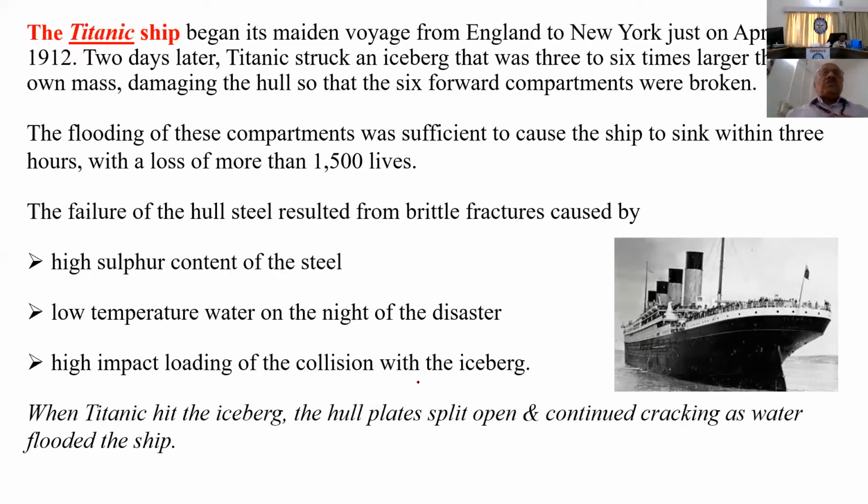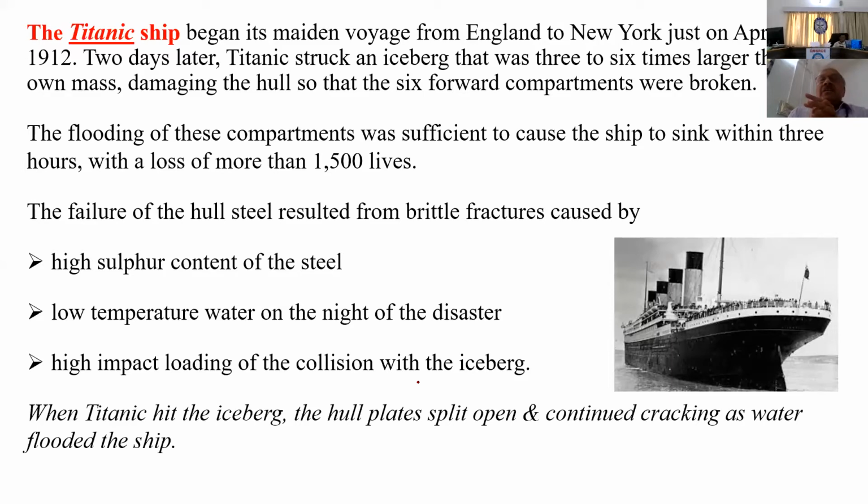A lot of failure analysis has happened on this, and of course one can read all the literature. But the sum and substance is that the failure of the hull steel resulted from brittle fracture. And why did it fracture in a brittle manner? Because the steel contained a very high amount of sulfur. We all know that sulfur is not good for ductility.